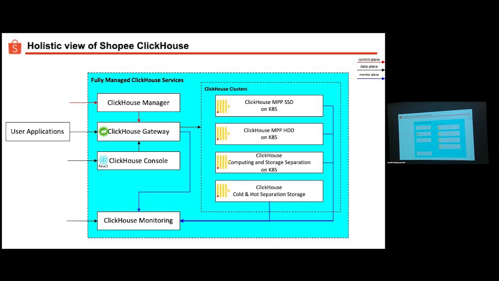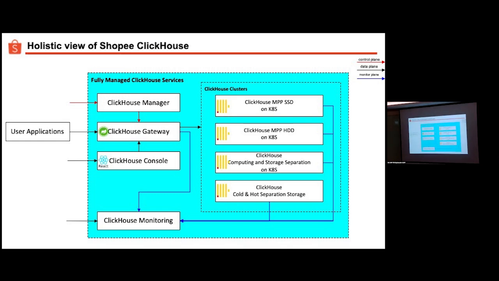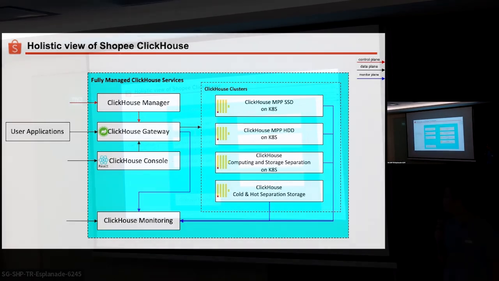ClickHouse console is a web-based application that allows us to run ad hoc queries from our local computer without installing any clients. And the core of our service, we provide different kinds of ClickHouse clusters based on user needs and the hardware machines that we have.